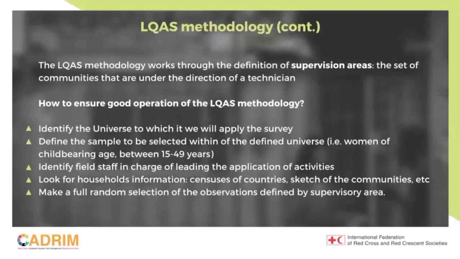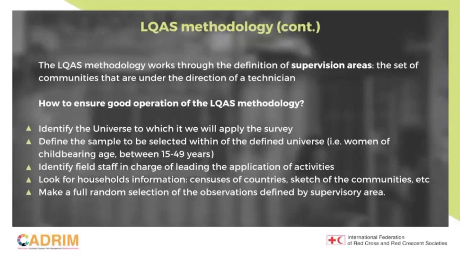So how do we ensure the good operation of the LQAS methodology? First of all, we need to identify the universe to which the survey will be applied. That means, as Paula explained before, the entire population that lives in the geographic area where we are implementing the project.